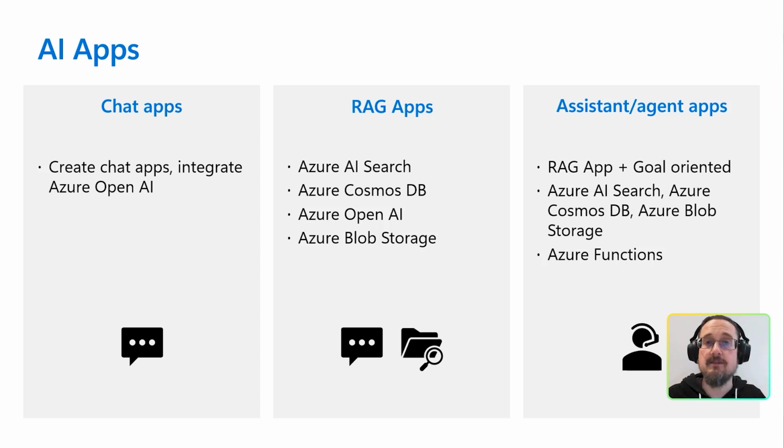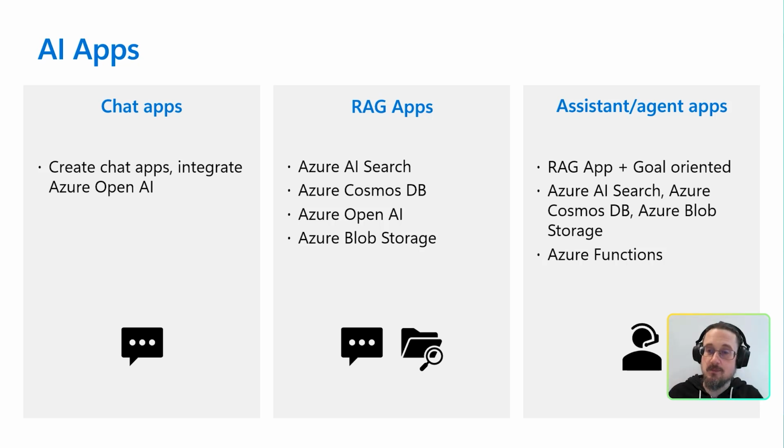To do all that heavy lifting for you, we are recommending Azure AI Search, and for storing all that vectorized content, we are recommending Azure Cosmos DB, and of course, Azure OpenAI as a service. And for your PDFs, for your Word files, CSV files, all that static content, we are recommending Azure Blob Storage.